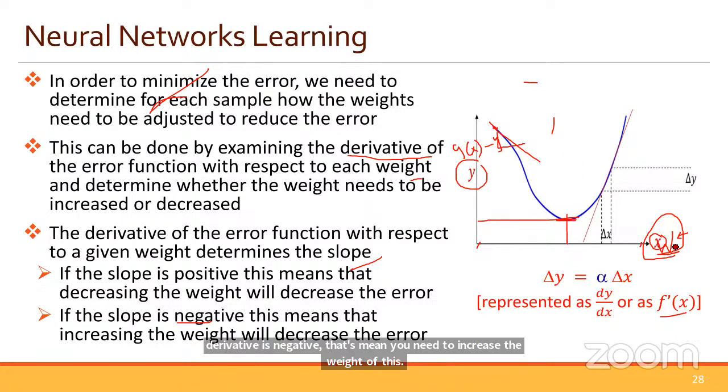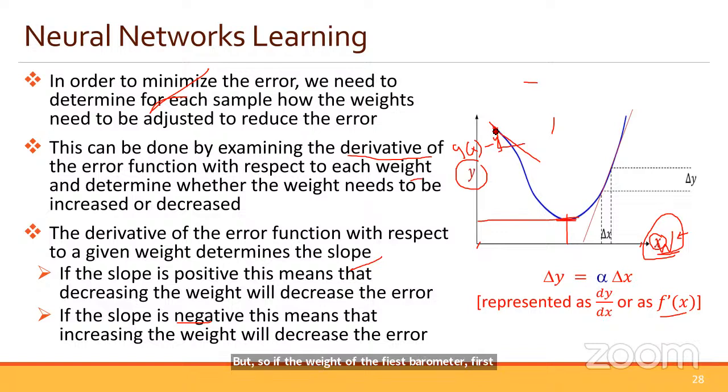If the first value of the weight for x1 is here, the derivative is negative, so I need to go to a higher weight, put more weight on this x in order to optimize the weight value, and so on.